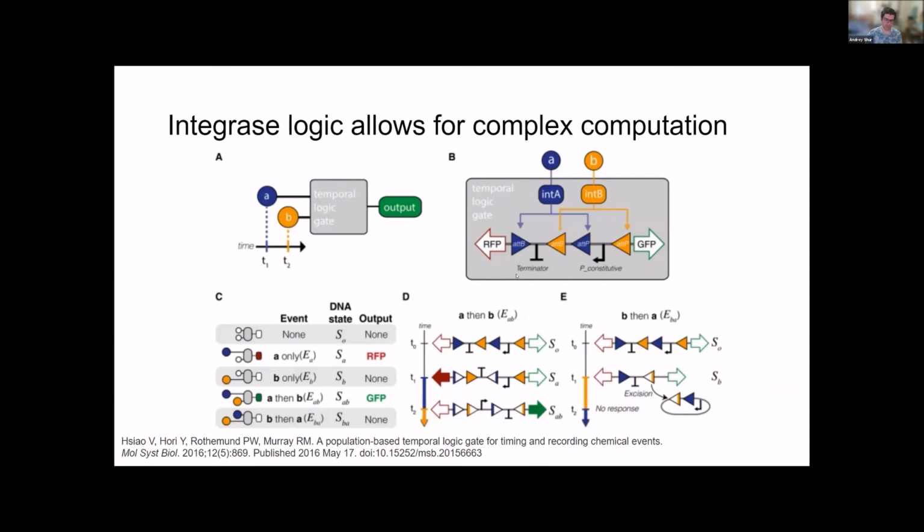And so this is an example of an event recorder. Depending on which integrase is activated first, you lead to either GFP or RFP being expressed, which is pretty cool. Just one example of something that you can make with integrases. As William mentioned, there are many papers out there where they try to make compilers out of integrases to do any kind of logic this way.